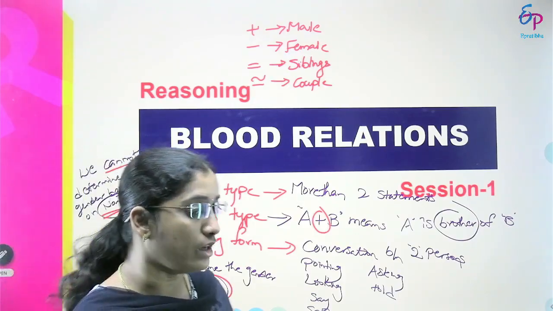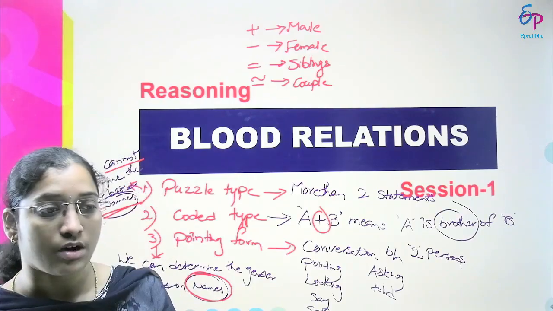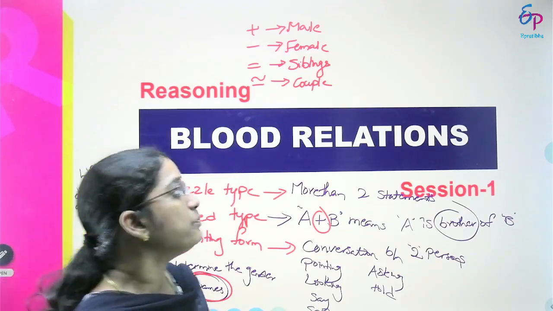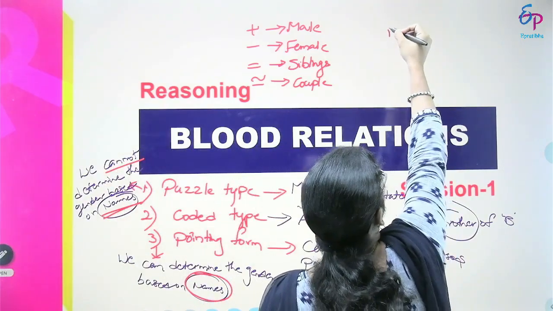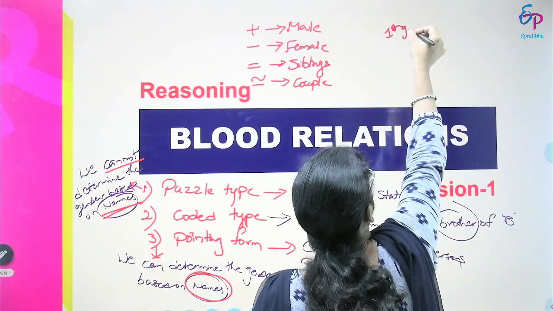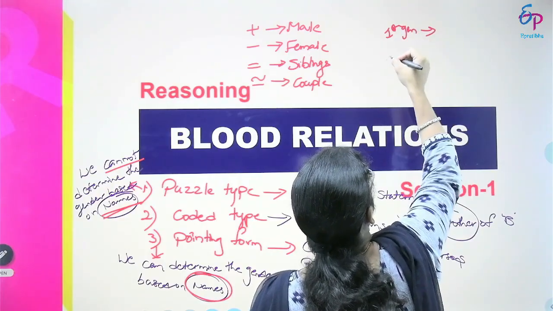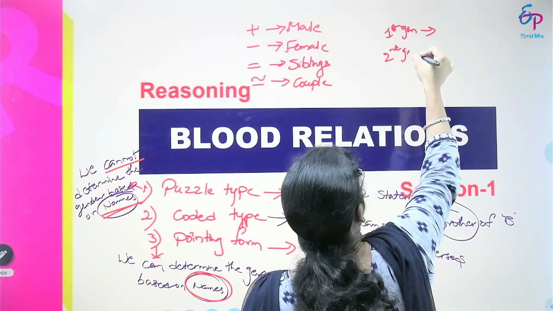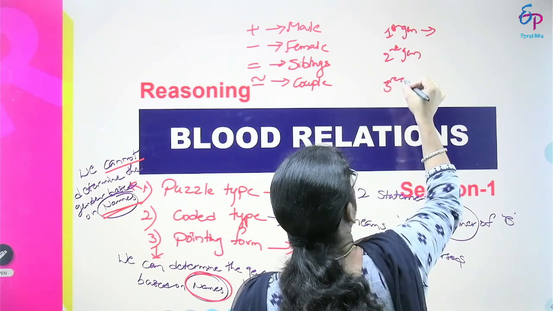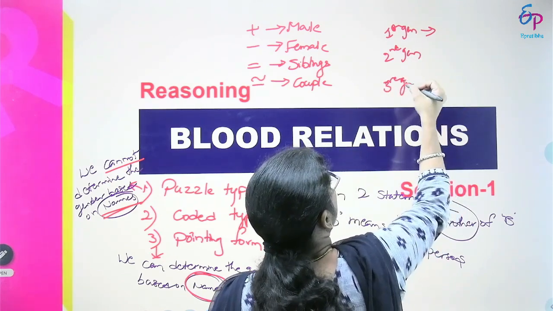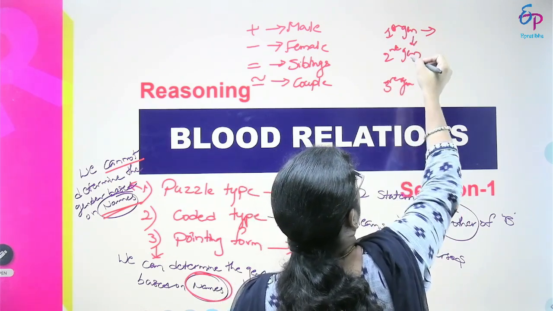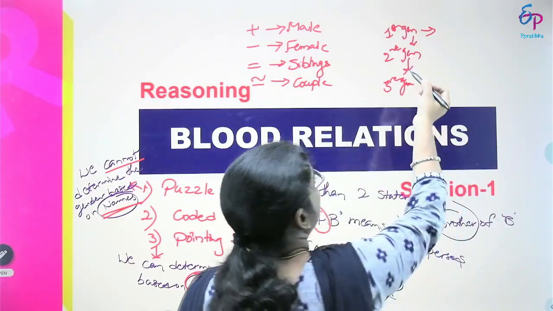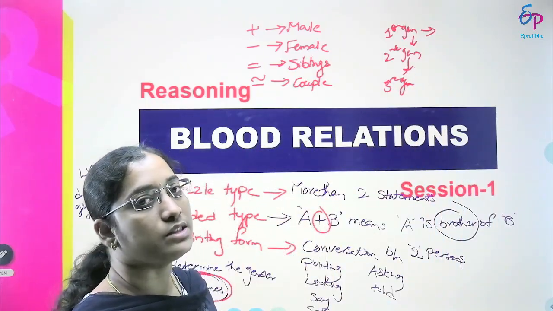So how do we take generations? How do we take those 3 generations? Just observe here. First I take the first generation, then the second generation, and next the third generation. The first generation is the oldest generation, friends.